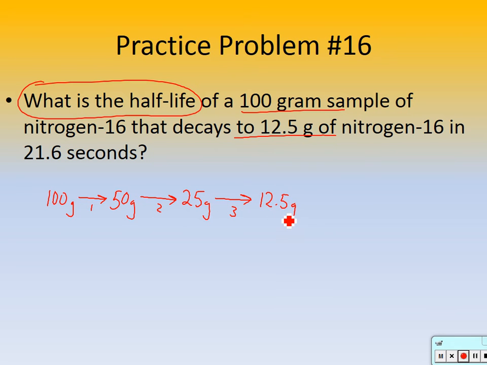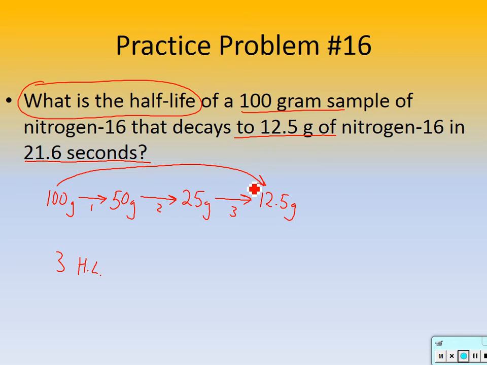Now how many half-lives did we have to go through? 3. How long did this whole process take? 21.6 seconds. That's how long it took from 100 grams clear to 12.5 grams.